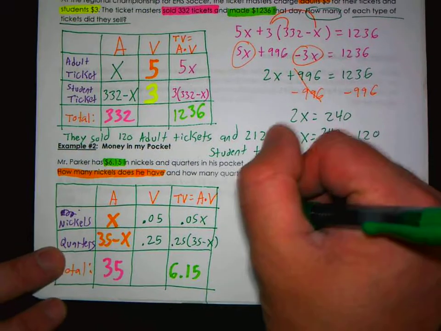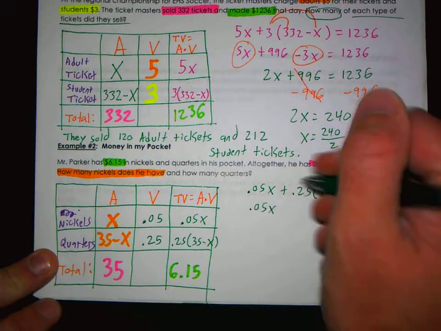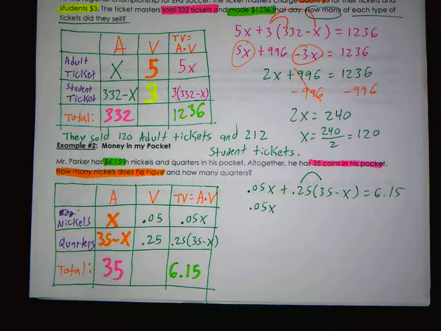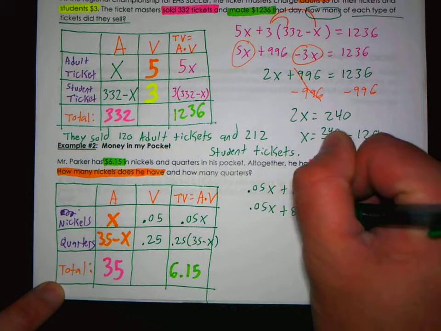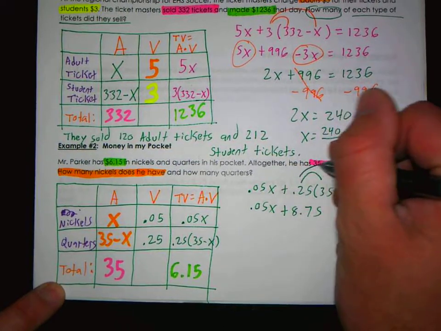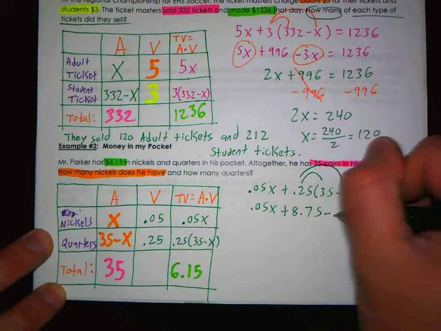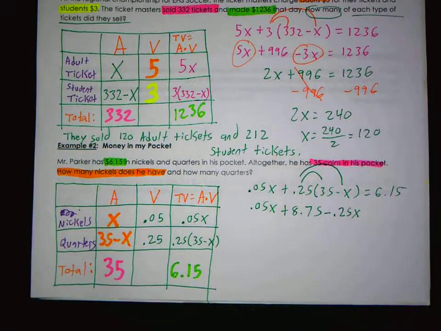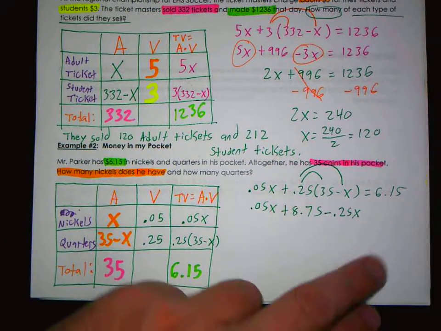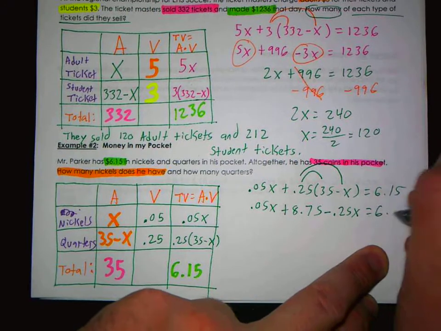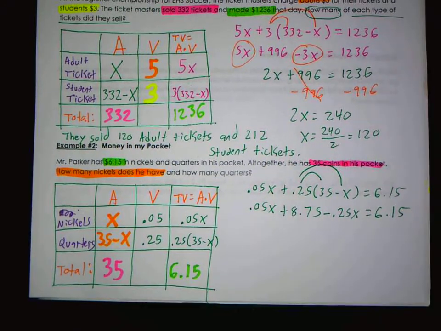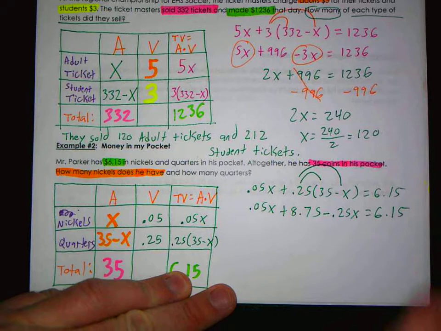Do some math. 25% of 35 would mean 35 divided by 4, which is 8.75, minus 0.25x. We distribute the quarter to both. Now you can combine these two.